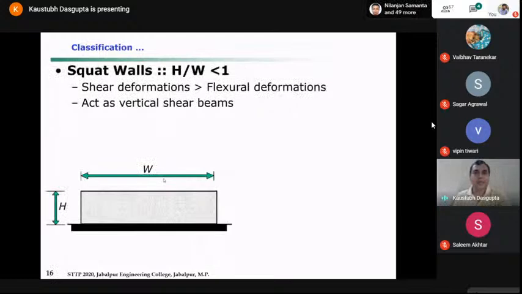Compared to the slender wall, the squat walls have this H by W ratio less than 1. So they can be thought of as a rotated deep beam. This is the fixed end of a deep beam, a cantilever deep beam. And then once you put the lateral load, they will have the shear deformation, the shear type of behavior. So the conventional bending moment, the flexural design, will not be applicable in case of squat walls.